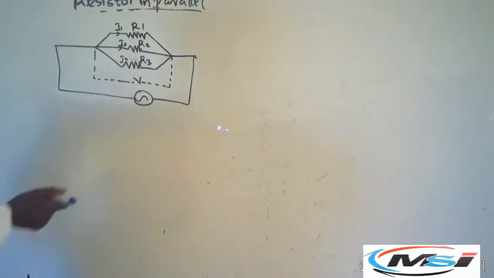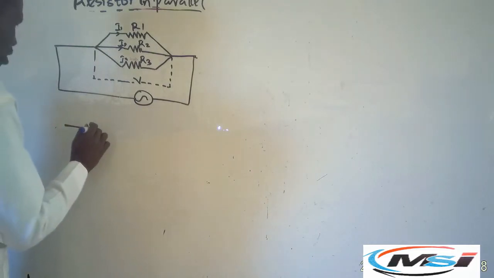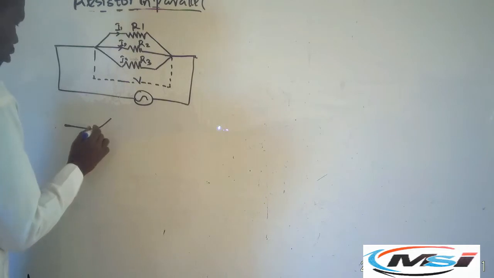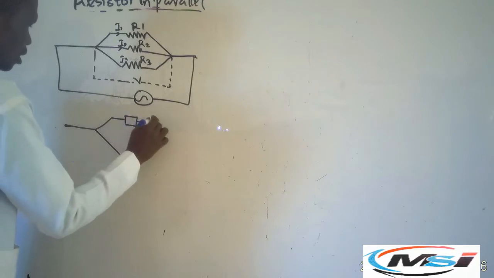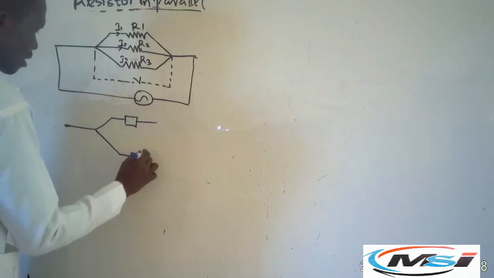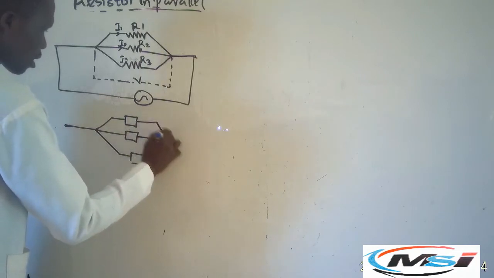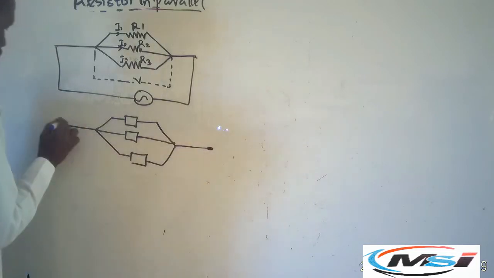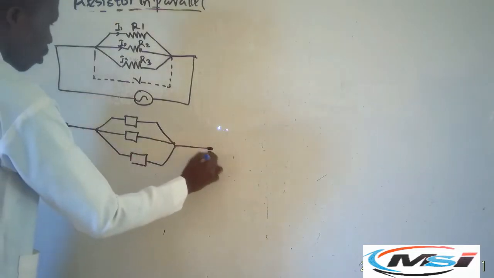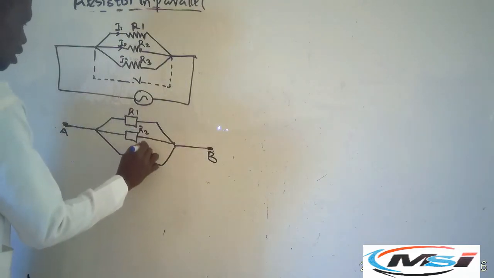We can also have a parallel resistor connected like this. Take a look at this. You have something like this. This is point A, this is point B. This is R1, R2, and R3.